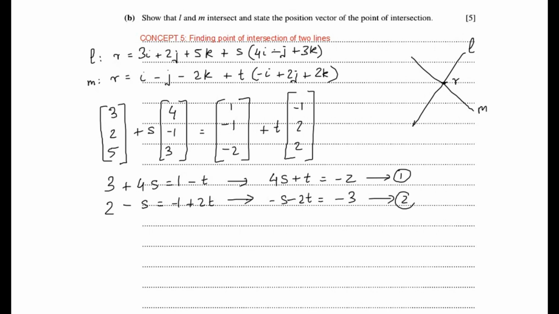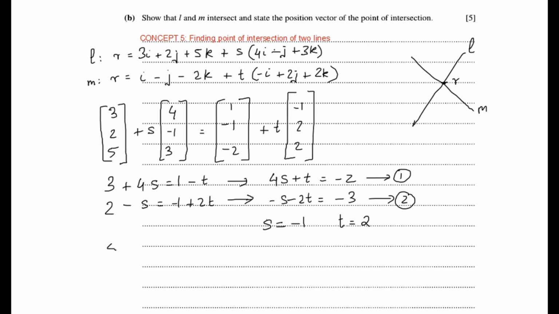And then we plug both of these into our calculators to find the values of s and t. So let me just do that. Using the calculator, I get s is equal to minus 1 and t is equal to 2. Now we have to show that this value of s and the value of t work on the third row as well.